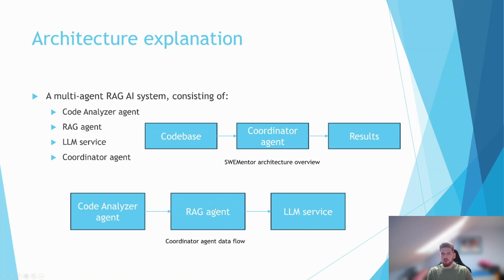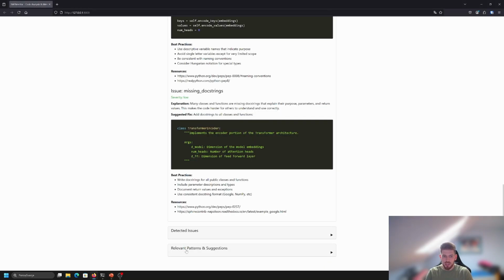So what the RAG agent does is it takes each of these issues and looks whether there are any suggested code issue improvements or code issue fixes, and maybe some code patterns in order to construct better quality code. And these RAG agent suggestions can be seen underneath relevant patterns and suggestions.